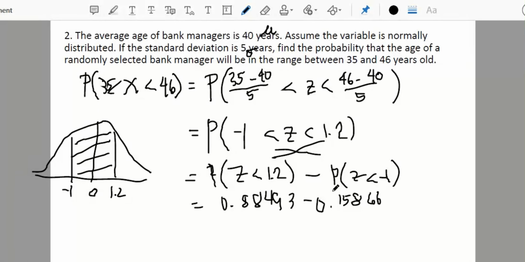Okay, and then using your calculator, you subtract these two: 0.88493 minus 0.15866. So the final answer is 0.72627. So therefore, the probability that the age of a randomly selected bank manager in the range 35 to 46 is 0.72627.